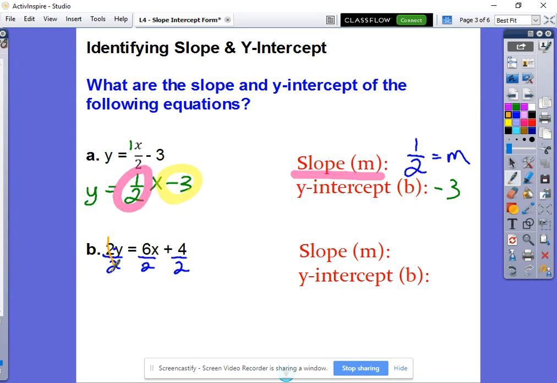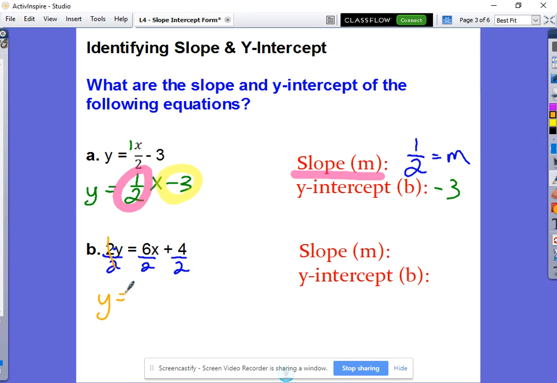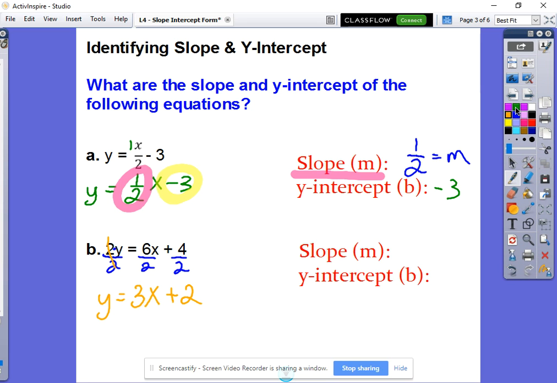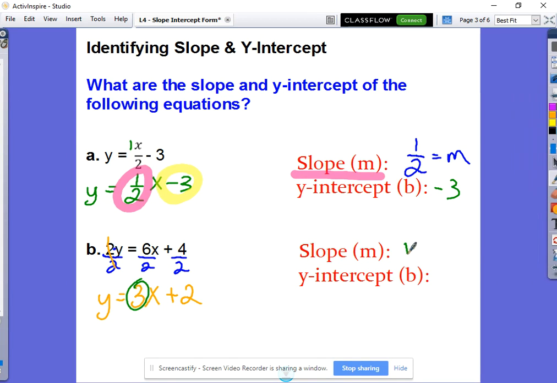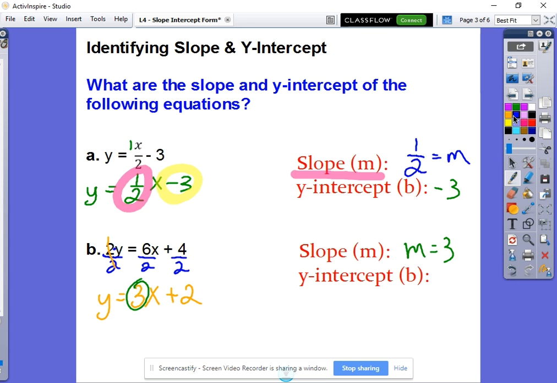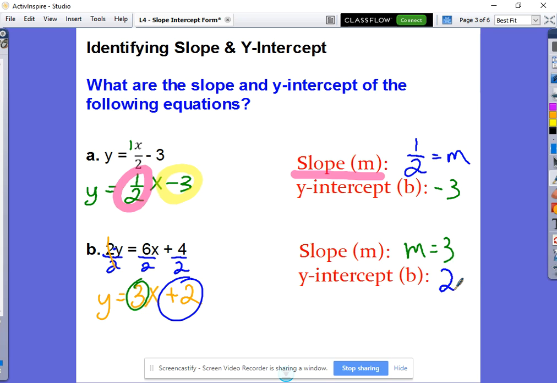Our new equation is going to be y on its own now. 6 divided by 2 gives me 3, so 3x plus 4 divided by 2 gives me 2. Now that our y value is alone, we can identify our slope, aka the 3, so our m value equals 3, and our y-intercept, the b value, which in this case is positive 2.